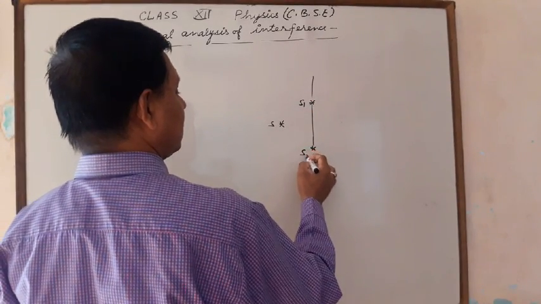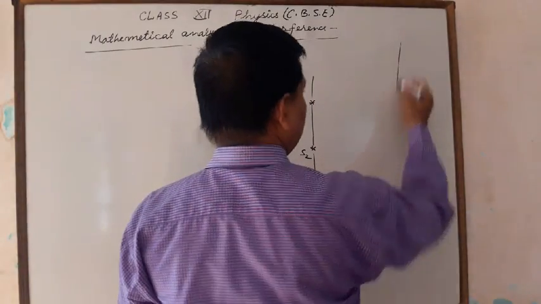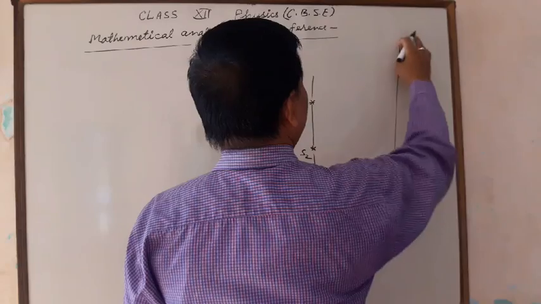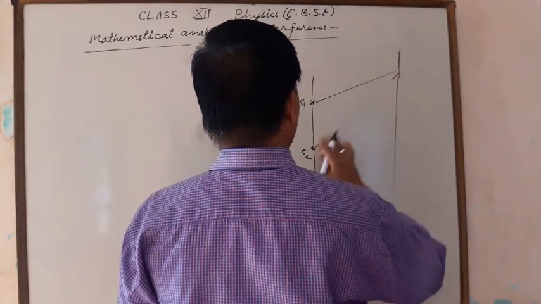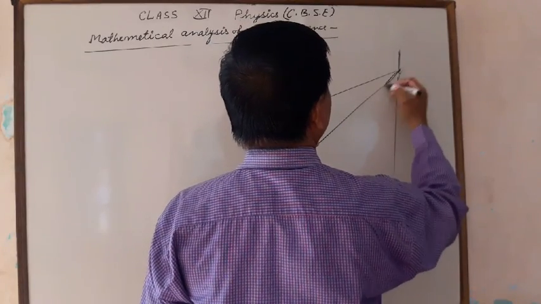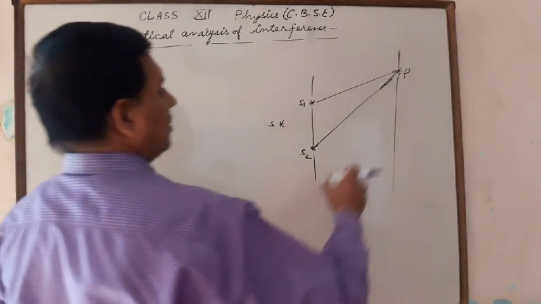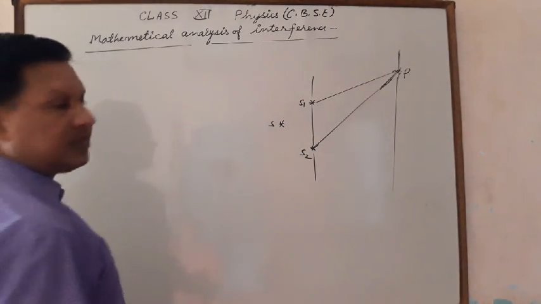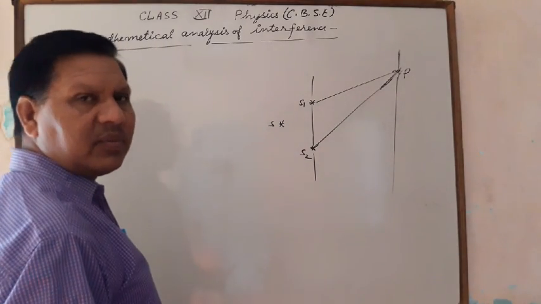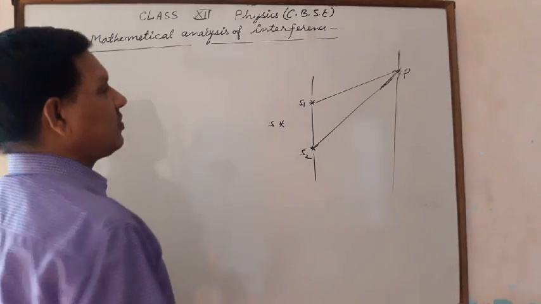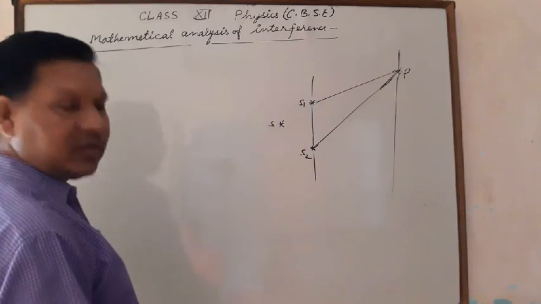When light from these sources S1 and S2 reaches the point P and superposes, then according to the principle of superposition, the displacement of the resultant wave is the vector sum of the displacements of these two light waves which reach the point P.